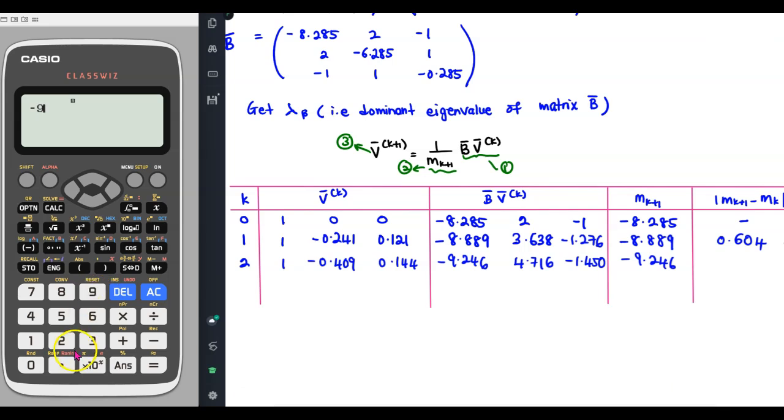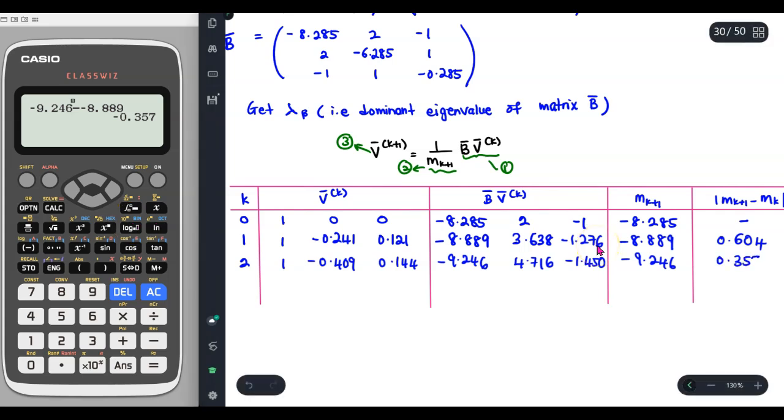Now compute the difference between two consecutive m. So negative 9.246 subtract with negative 8.889. In terms of absolute value, that is 0.357. And then complete your computation. So step number 3, so you will have here k equals 3. So BVK is your latest math answer in the calculator divided with this guy.